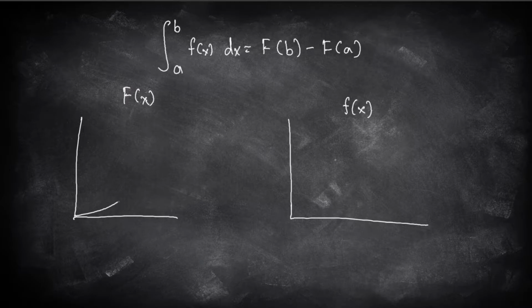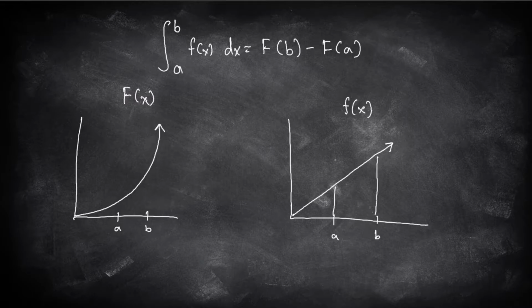Now let's use a parabola. So the derivative of a parabola is linear. Now if we take an area, let's say this is a, and this is b, and this is a, and this is b, the area of our derivative, which is under this curve, based on the fundamental theorem of calculus, is just equal to this point, f of b, minus this point, f of a.